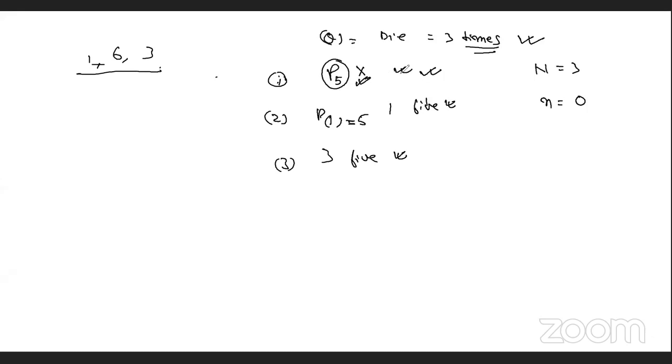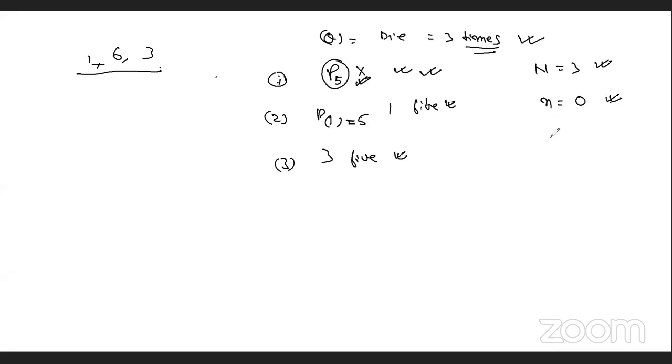So the number of successes for 5 is equal to 0. This is what I'm expecting out of the 3 experiments I'm going to perform. So here, small n is equal to 0 and capital N is equal to 3, meaning total number of trials is 3 and the total number of successes I'm expecting out of these trials is 0.